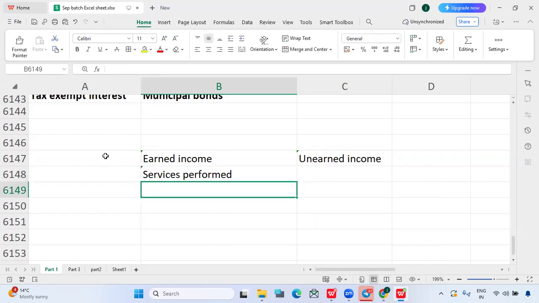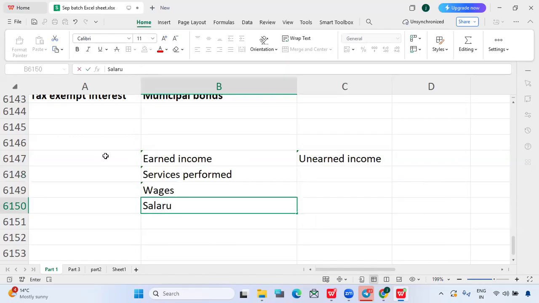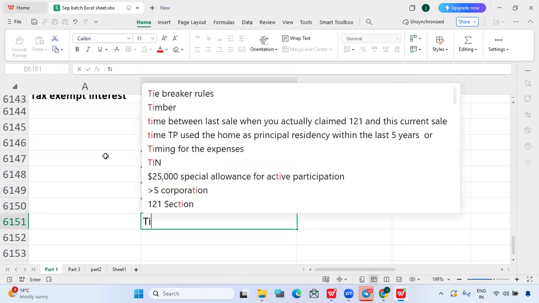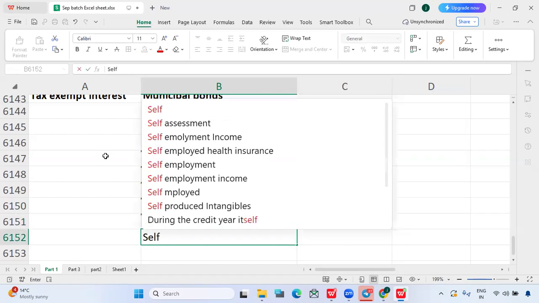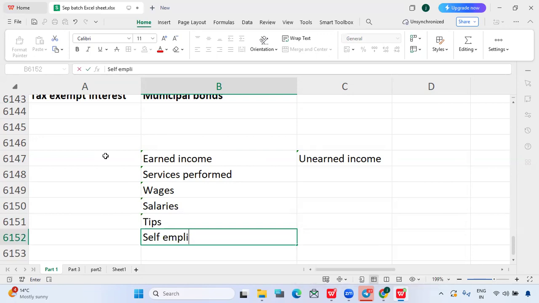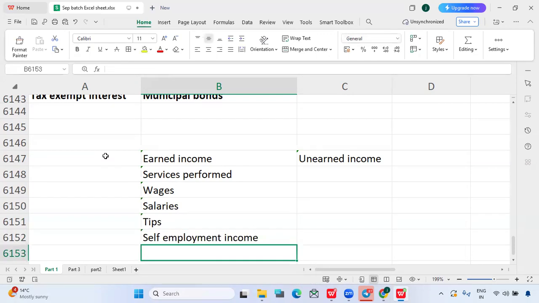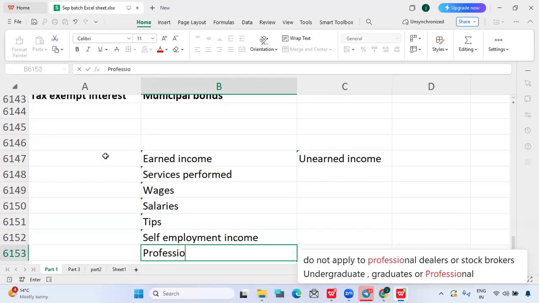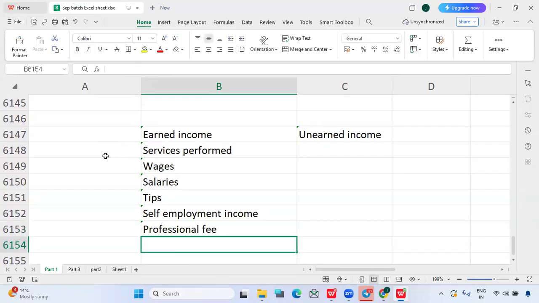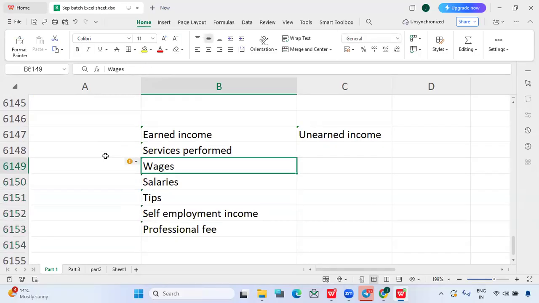The best examples are wages and salaries, tips, self-employment income, and any professional fee. These are earned income. What about unearned income? Income not from services.